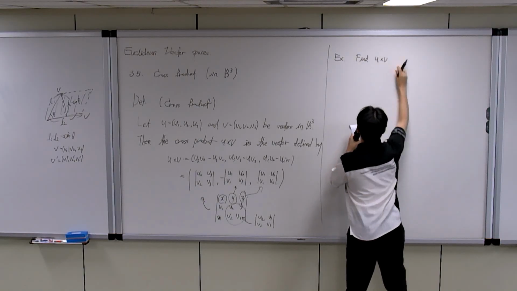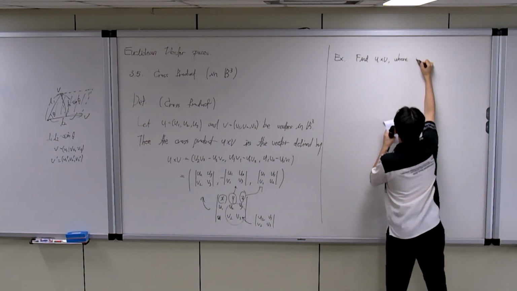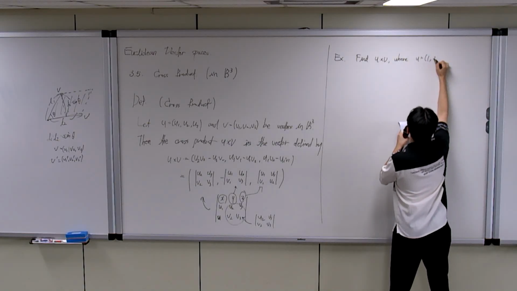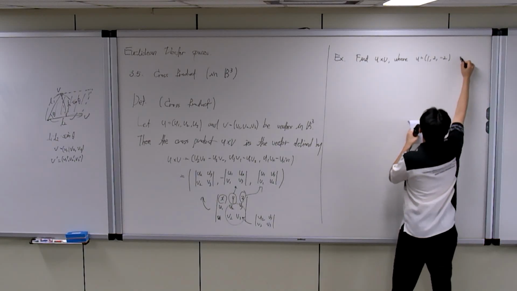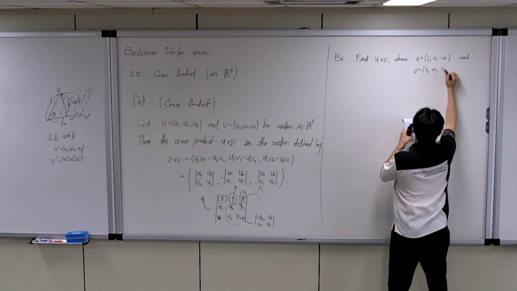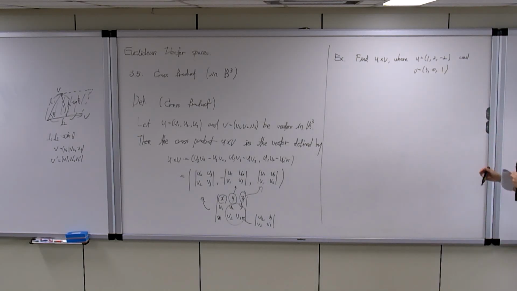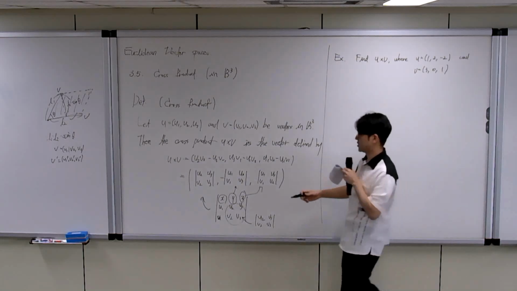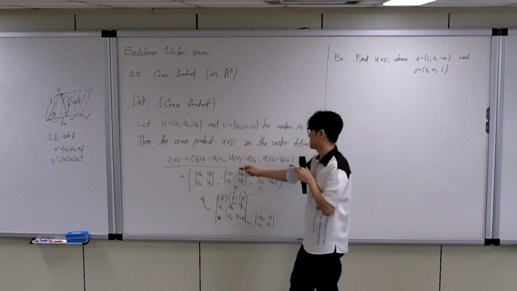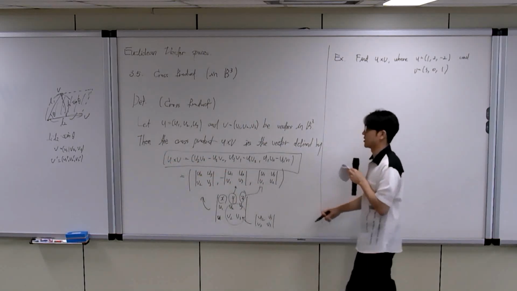U cross V. Here U is 1, 2, minus 2, and V is 3, 0, 1. Then by using this formula, maybe we might think of it as a formula, but it is the definition.